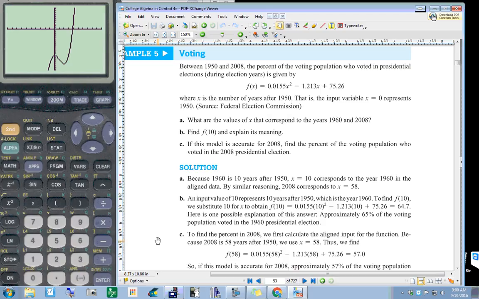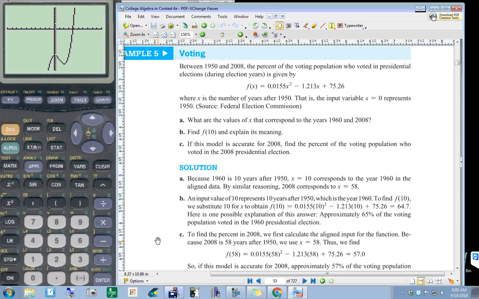Where X is the number of years after 1950. Okay? That is the input variable to represent 1950 is 0. We do this so that we don't have to mess with 1,950 other places that come before it. We can adjust it on the graph.